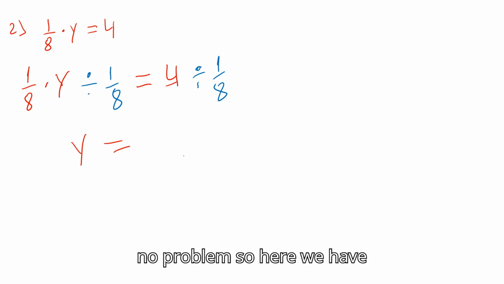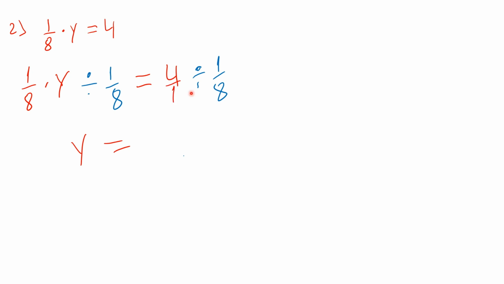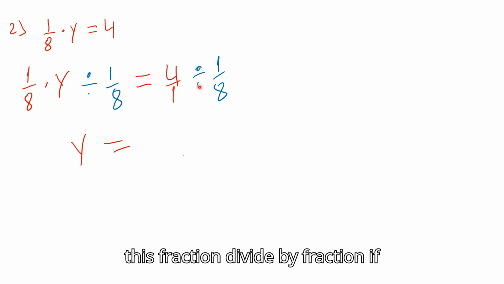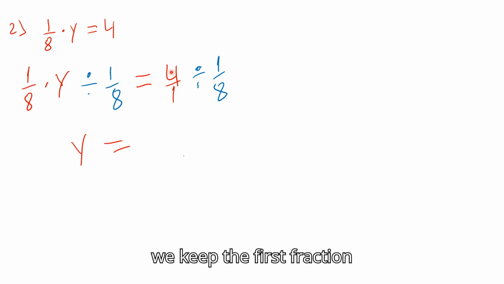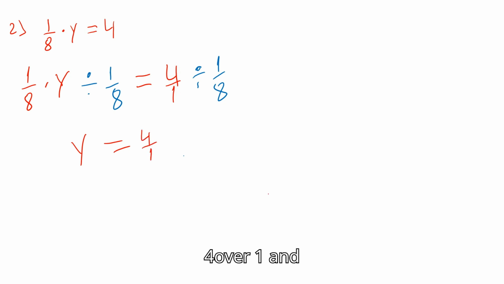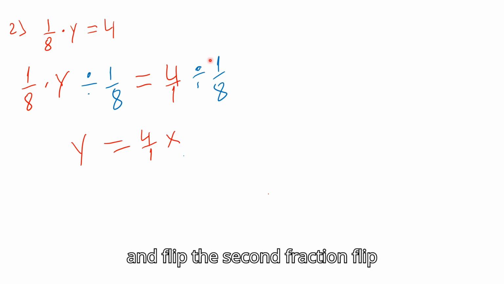No problem. So here we have fraction divide by fraction. If we have fraction divide by fraction, we keep the first fraction 4 over 1 and divide is going to be multiply, and flip the second fraction.